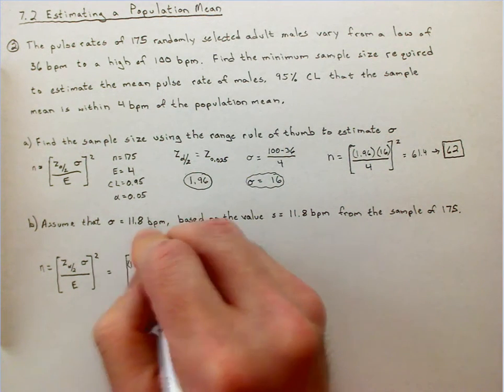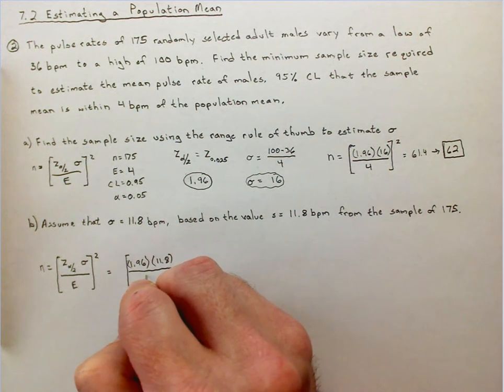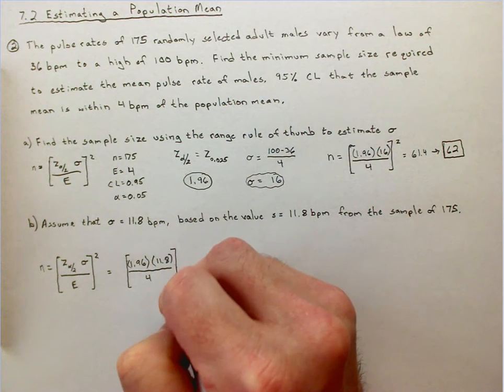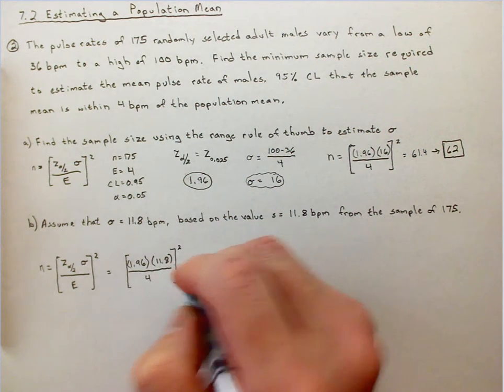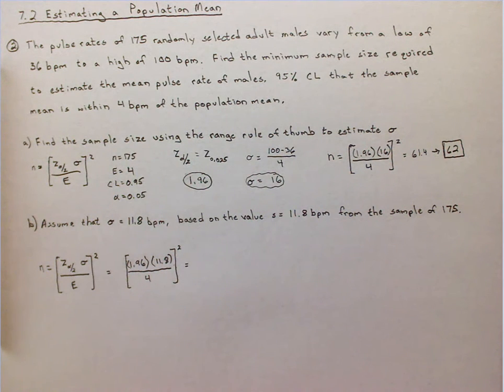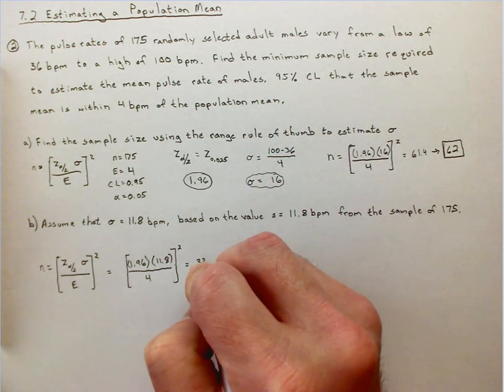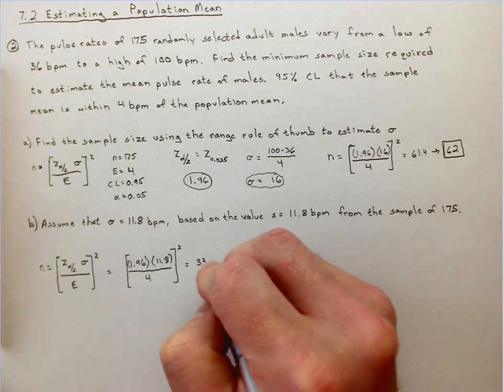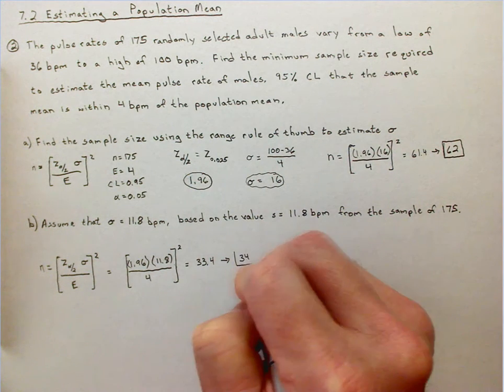That's my standard deviation for B. Margin of error is still the same. So 1.96 times 11.8 divided by 4, everything squared. I end up with 33.4. So I round up to 34.